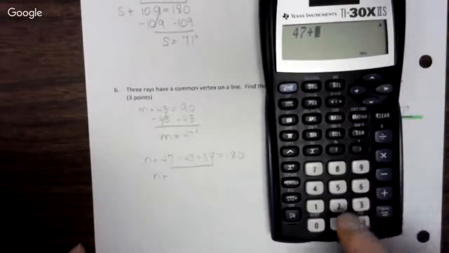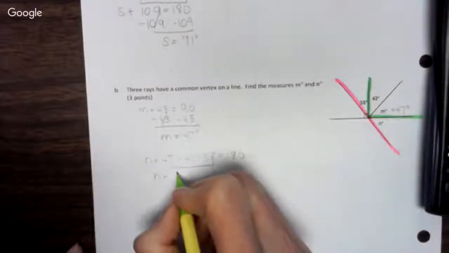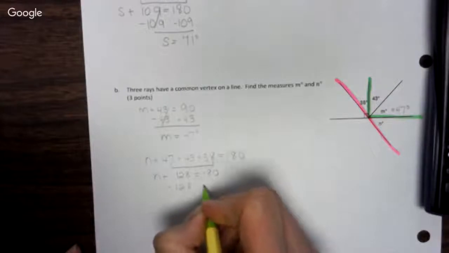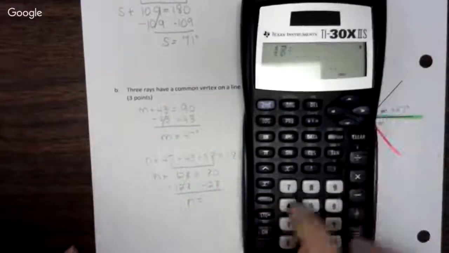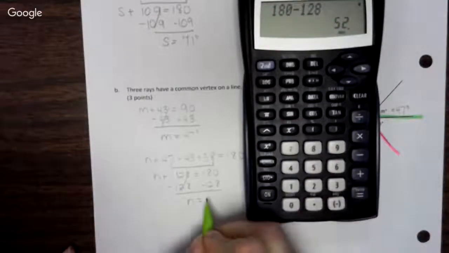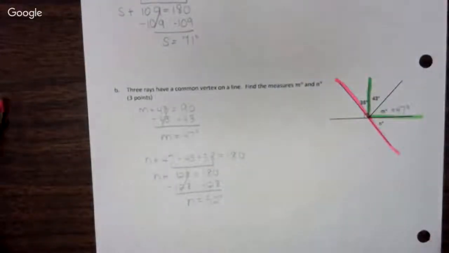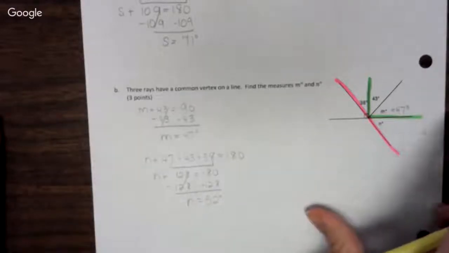So 47, 43, 38 is 128. Subtract 128 from both sides. So 180 minus 128 is 52 degrees. So there's your two answers for that one. All right, next page.